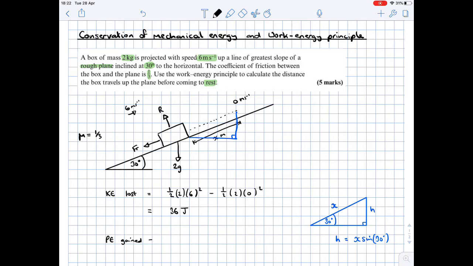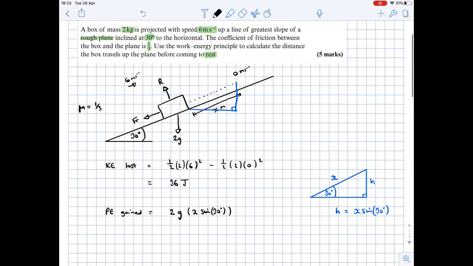So the gain in potential energy. Now I'm going to take my base level as where the box started. So that means our potential energy gained is our mass times gravity times the height, which is x sine 30 degrees. Well, sine 30 is a half.